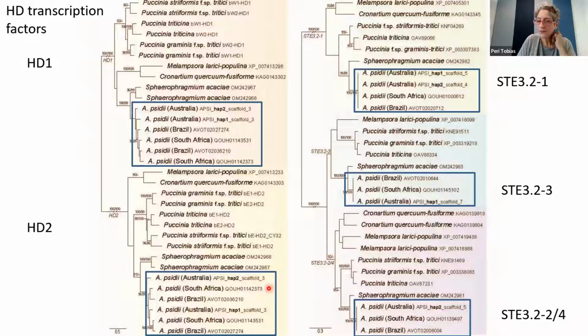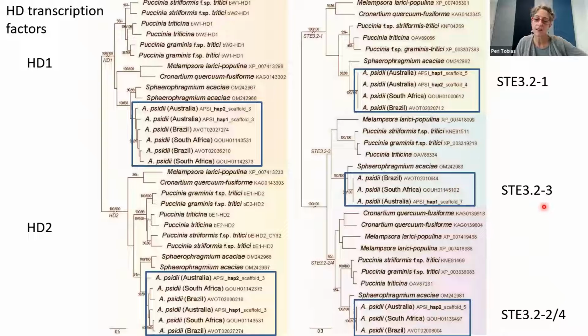Then when we look at the pheromone receptor genes, we found 2 copies of the 2.1 pheromone receptor gene, and 1 each of these.